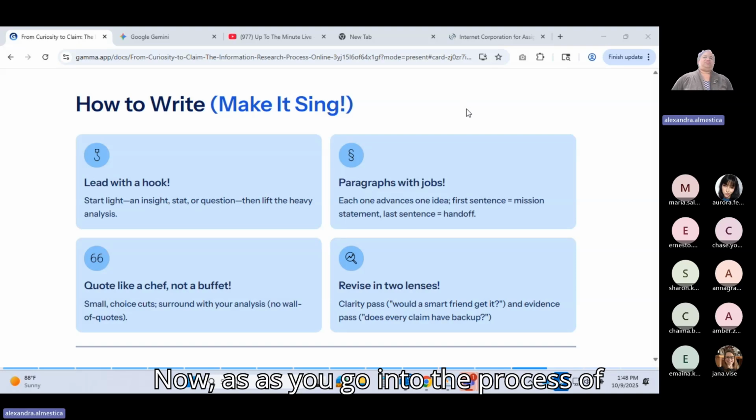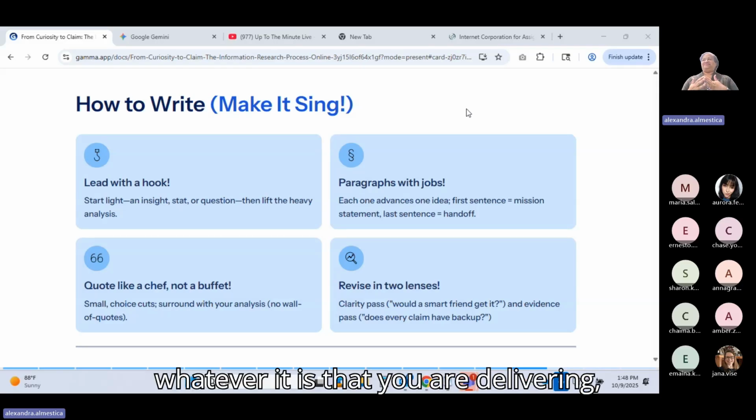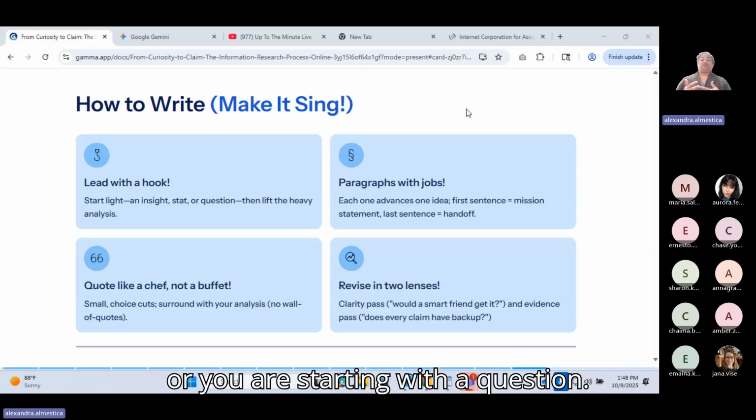Now, as you go into the process of writing, some people will invite you to start in a welcoming way to whatever it is that you are delivering, right? Sometimes it's a little bit of a statistic or an insight into your topic, or you are starting with a question.